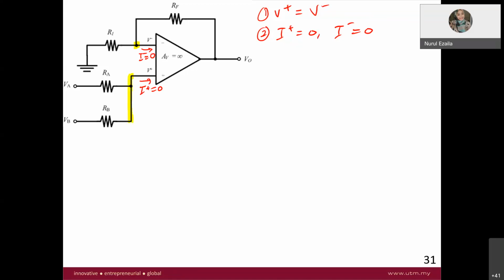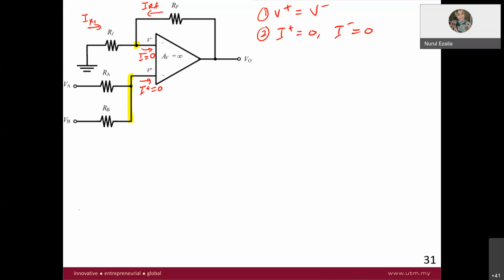You have here I RF, and then you have here I R1. Just make up your current direction. It doesn't matter whether to the left or to the right, as long as you put the correct KVL later.